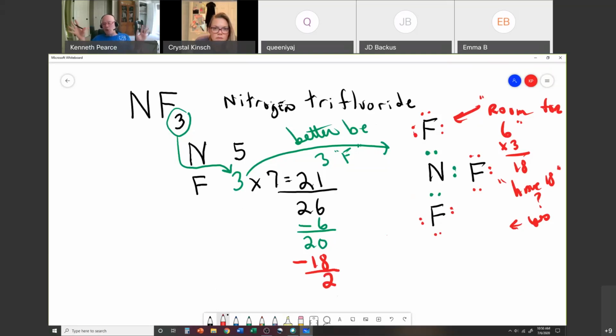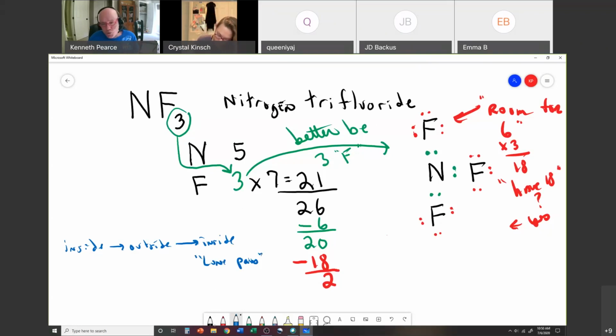Now, everything we've done so far, we had nothing left over, right? We had nothing left over. Now, what am I going to do with these 2? Well, so what did we do? We went inside to make our bonds, right? Then we went outside to put the electrons down. Now we're going to go back inside as lone pairs.